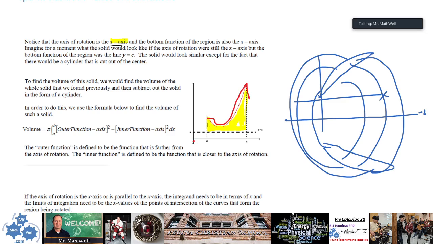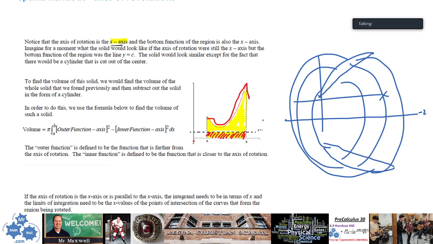So we're just going to find this yellow area and rotate that around. How we're going to do that is we're going to find this whole area down to the x-axis, but then we're going to subtract this part.